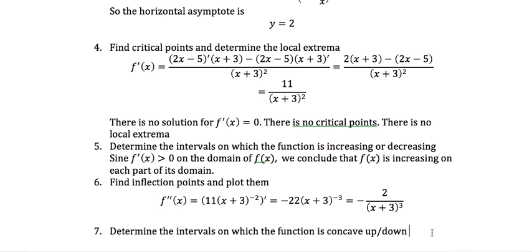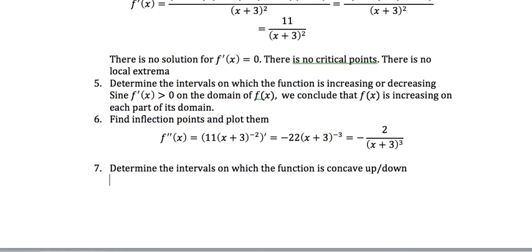Finally, we need to determine the intervals on which the function is concave up or concave down. Now, we notice that when x is greater than negative 3, x plus 3 is greater than 0.